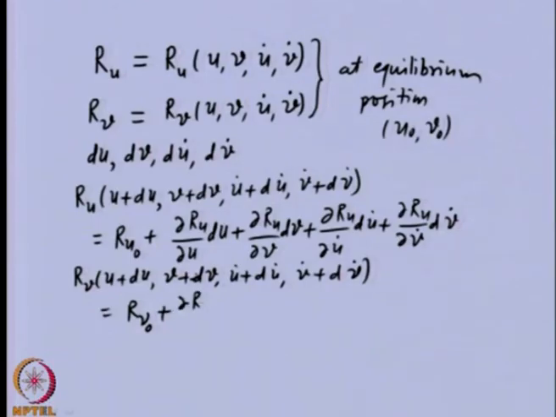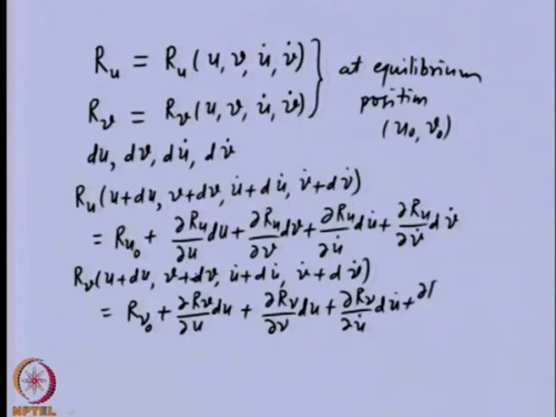We are doing this with the help of Taylor series expansion. These are the velocity components, giving the change in the force due to the velocity components in the horizontal and vertical directions.